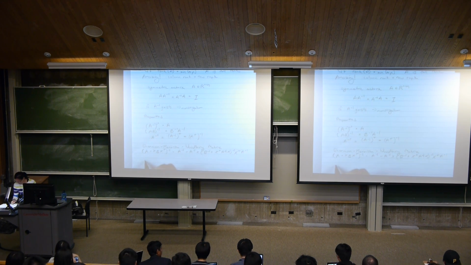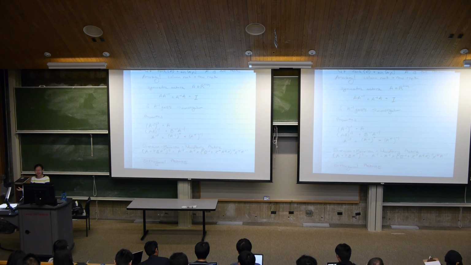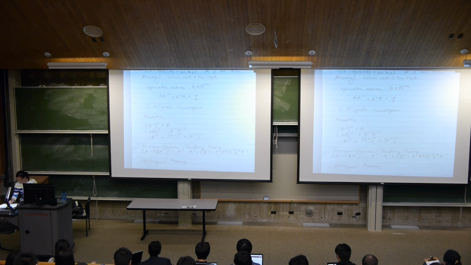Okay, so we're going to move on to orthogonal matrices. So really quickly, when we talk about vectors and we say that they're orthogonal, so if we have a vector u and v, then that means that their dot product equals 0.